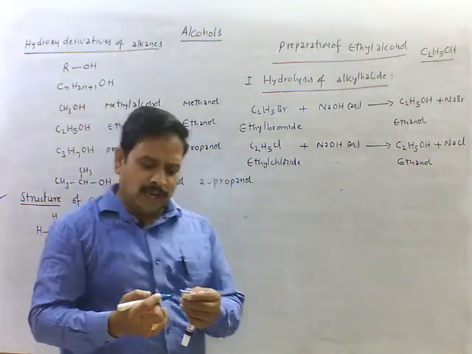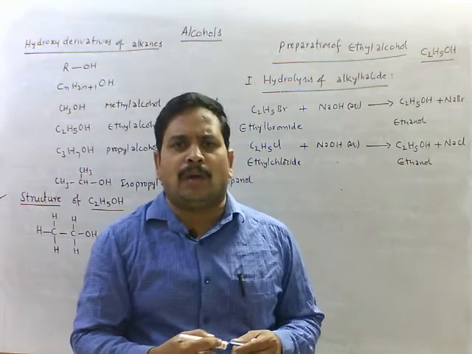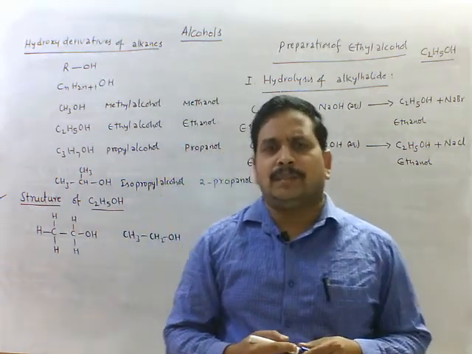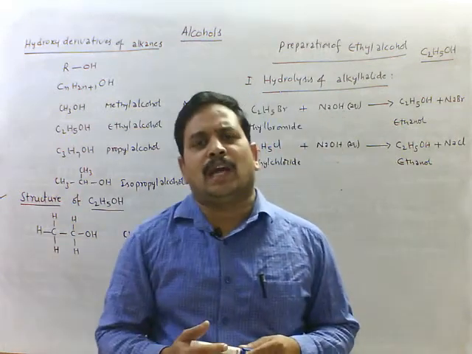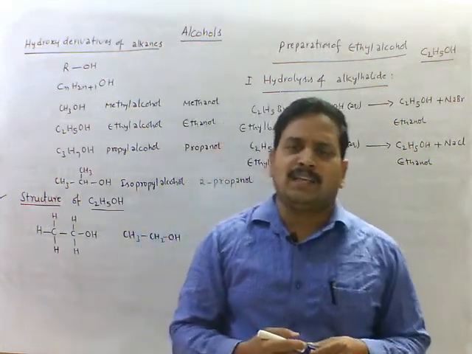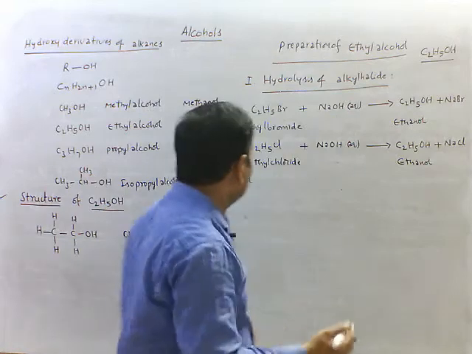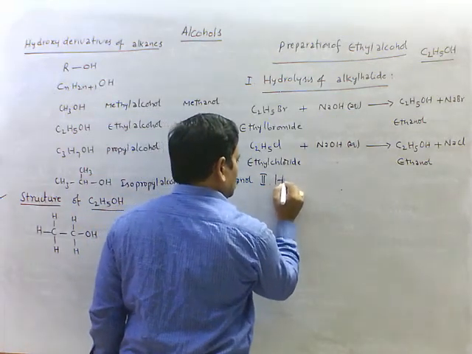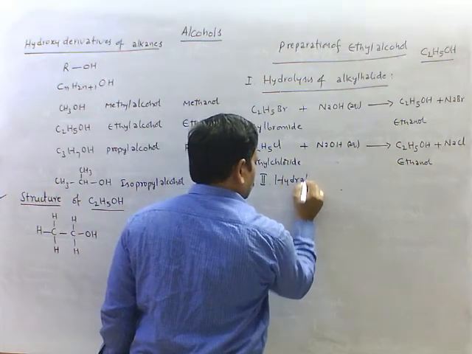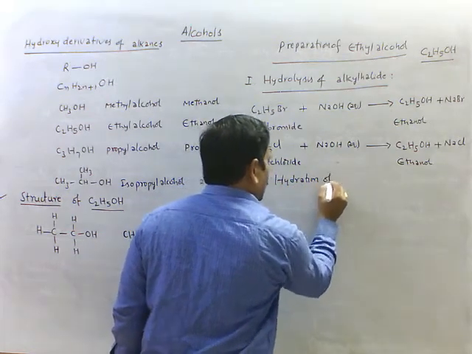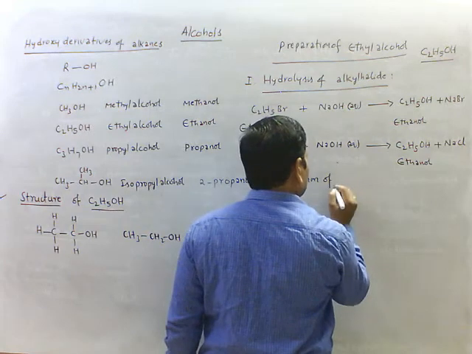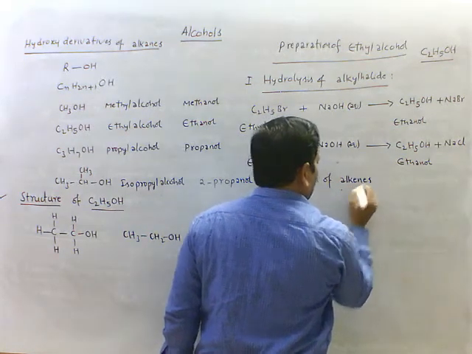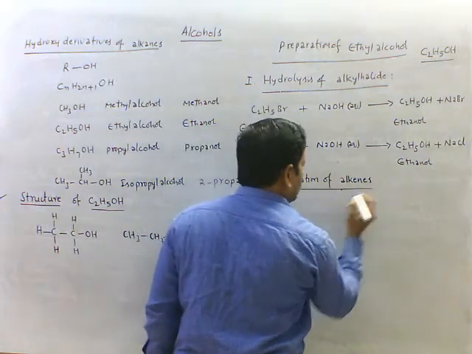So the first one is preparation of alcohol from alkyl halide by hydrolysis reaction. The second one is hydration of alkenes gives alcohols. Here we have two reactions.